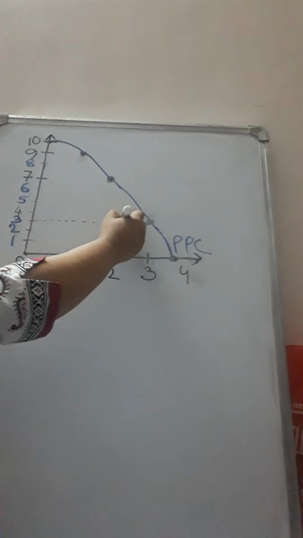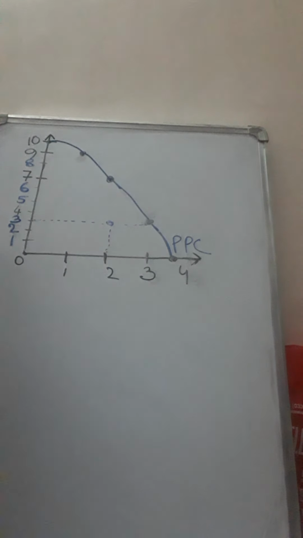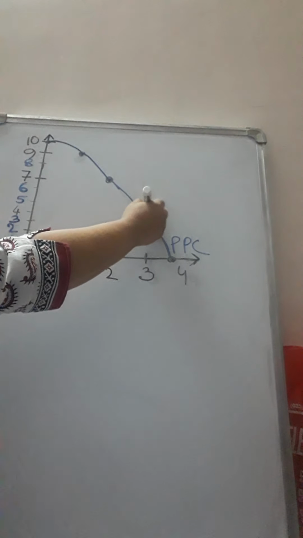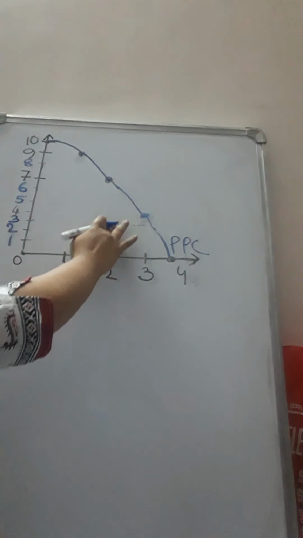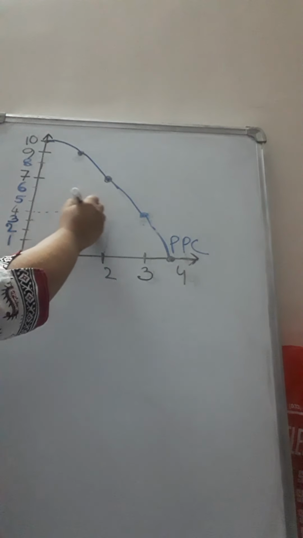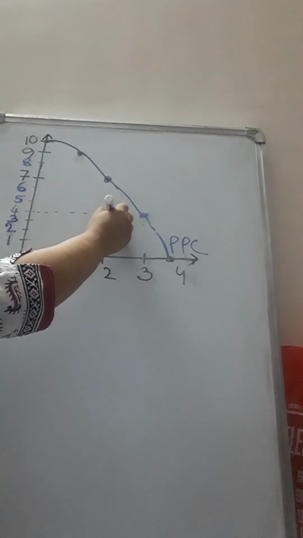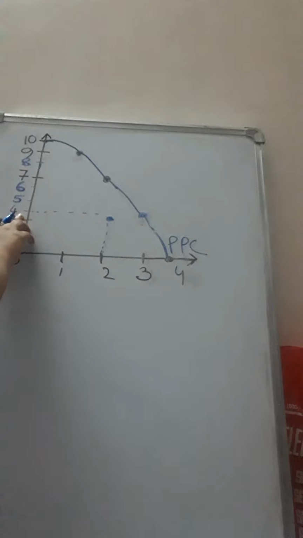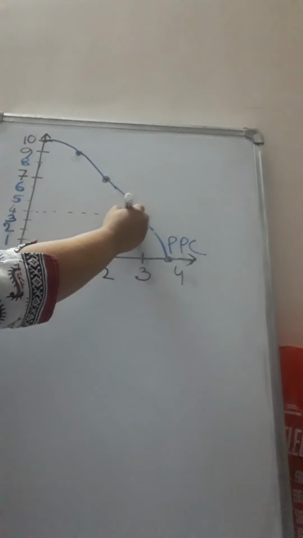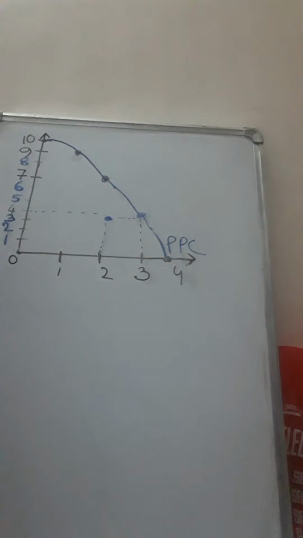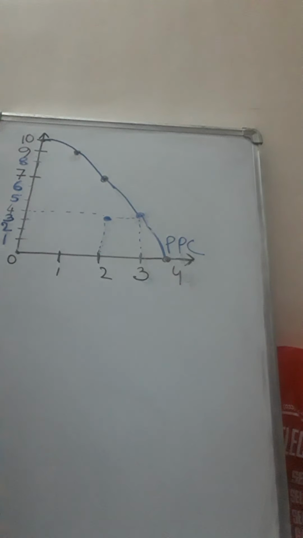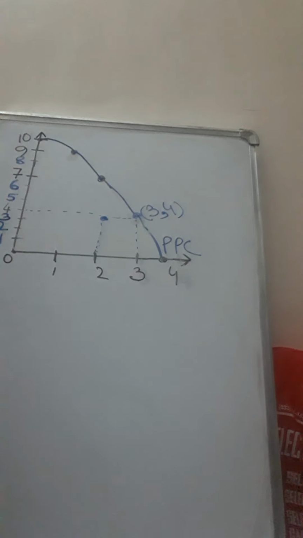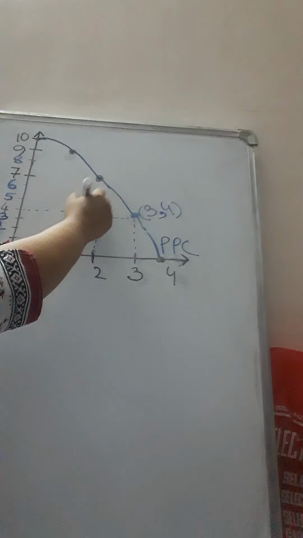With 4 units of Y, it is possible for the economy to produce 3 units of X. So what production is possible? 3X and 4Y.